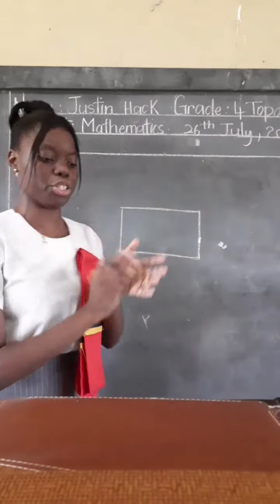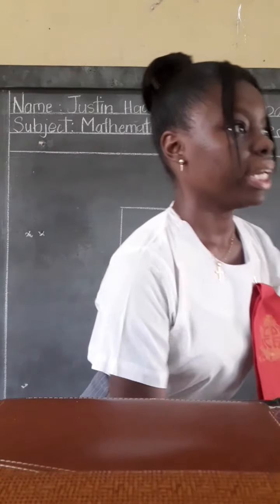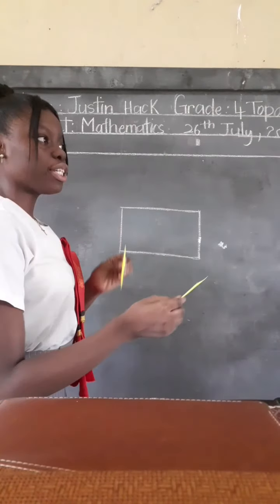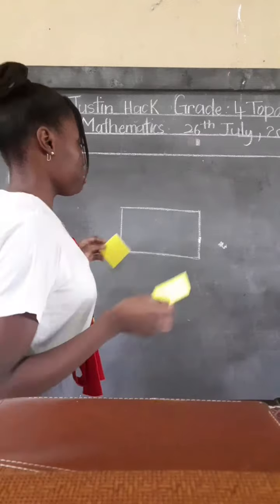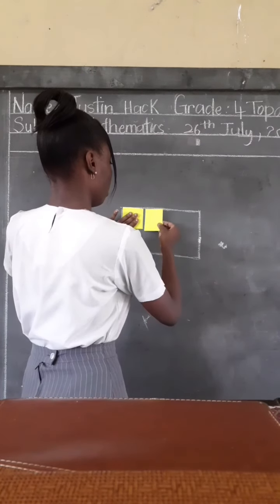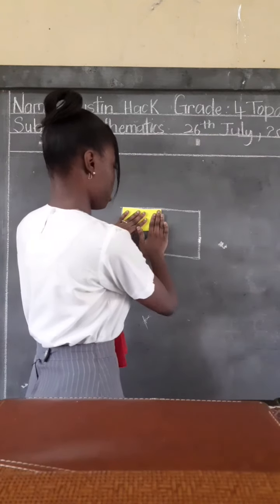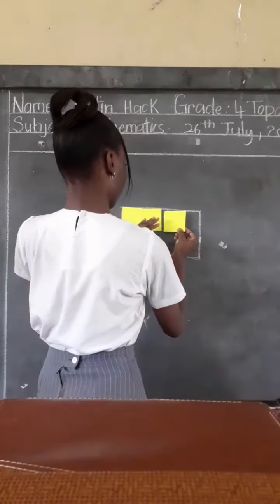Good job. So that means that we can use squares to find the area of a shape also. So we have some squares here. So we're going to find the area of this shape using squares. So let's put them up.